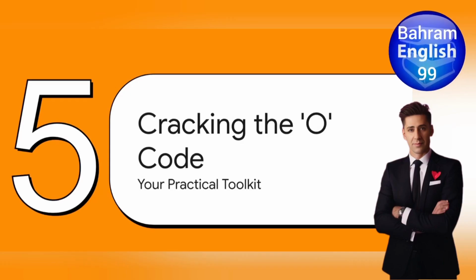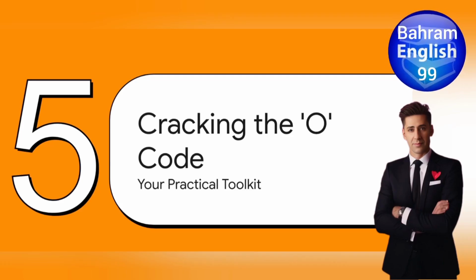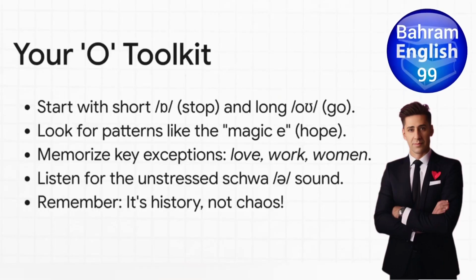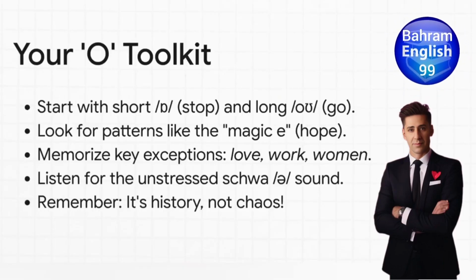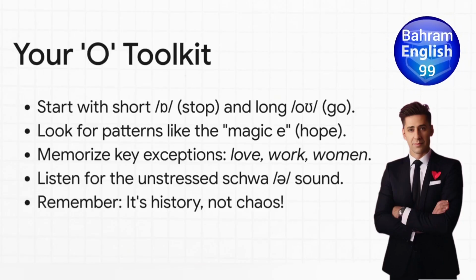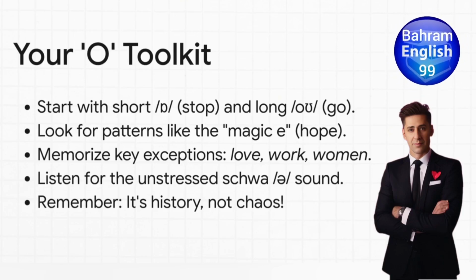So, now that we have all the pieces of the puzzle, the rules, the exceptions, the schwa, and the history, let's put them all together into a practical toolkit for tackling the letter O whenever you see it. Okay, so let's recap your new toolkit. When you see the letter O, start with the basics. Is it probably a short O, like in stop, or a long O, like in go?